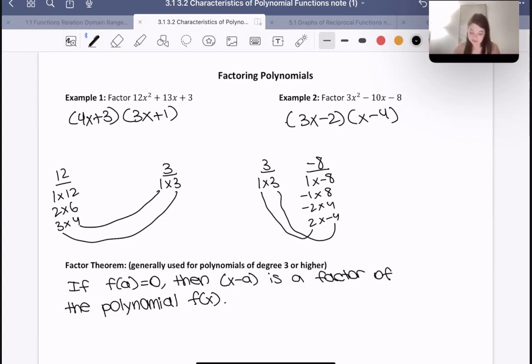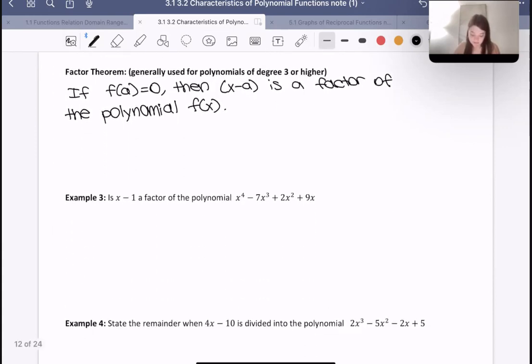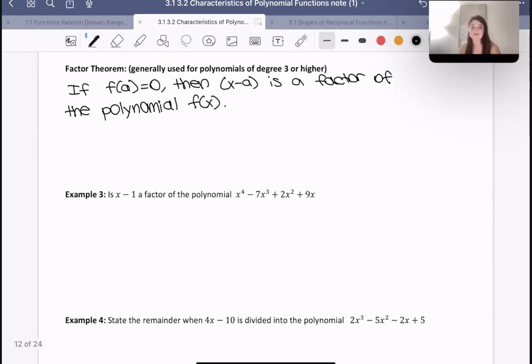Now, as for the new stuff, the first thing I want to talk about is factor theorem. So factor theorem states that when we have a polynomial f of x, when f of a is equal to 0, then x minus a is a factor of the polynomial, because what f of a does basically is it tells us what the remainder would be if we were to divide by x minus a, right?